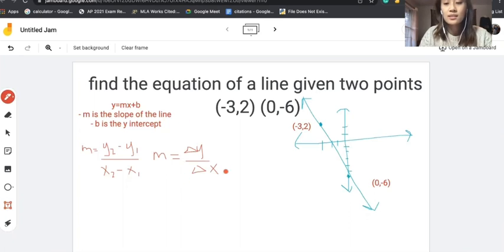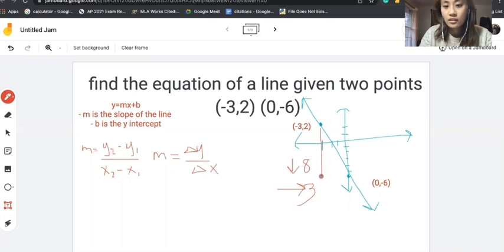Delta, the triangle, means change in. And this is another way of saying the slope is equal to the rise over run. So if we look at our graph to the right here, we can see that going from (-3, 2) to (0, -6), in the y direction, we're going down 8. And then we're going to the right 3.